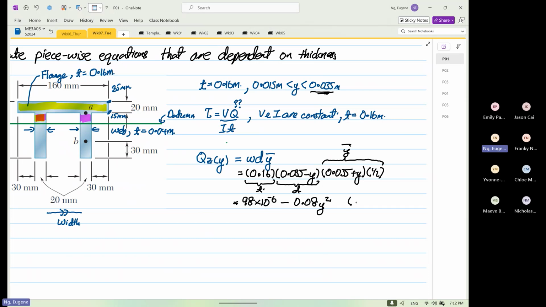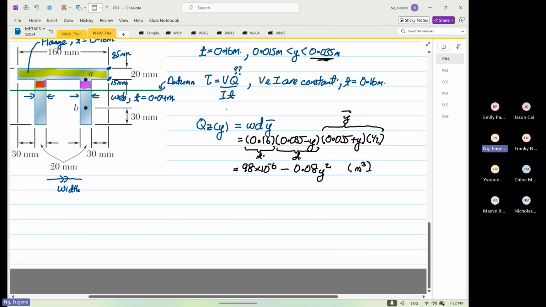And the units over here are meter cube. It's best to do everything in meter cube now. Once we have this, we immediately put into the formula that shear xy as a function of y.